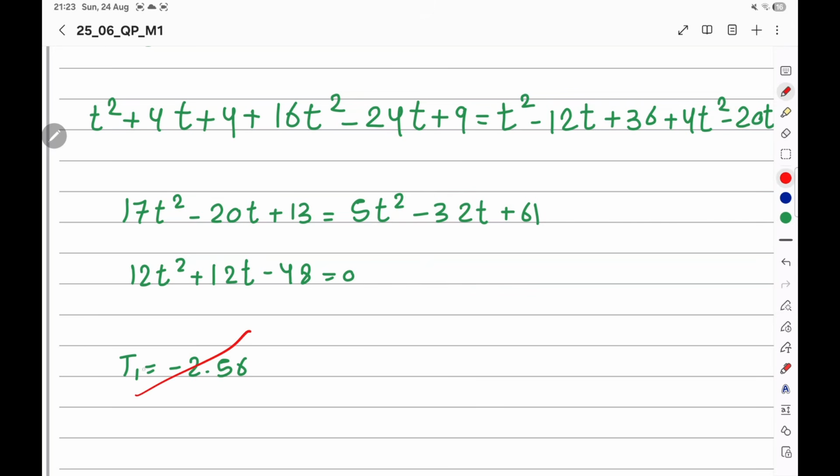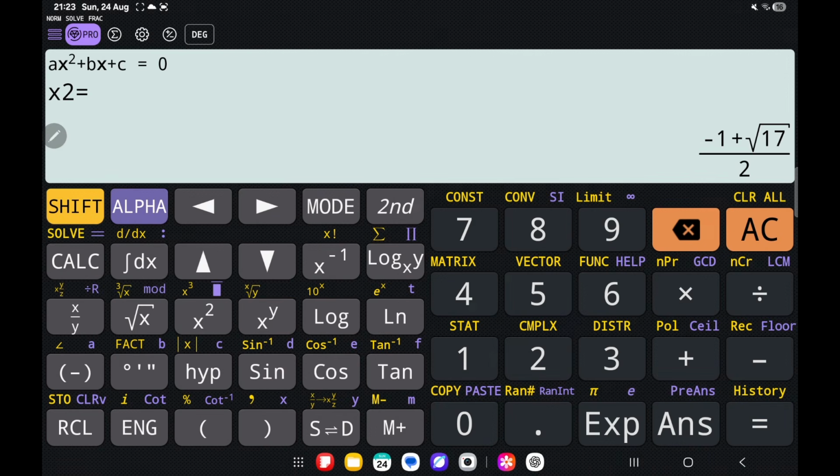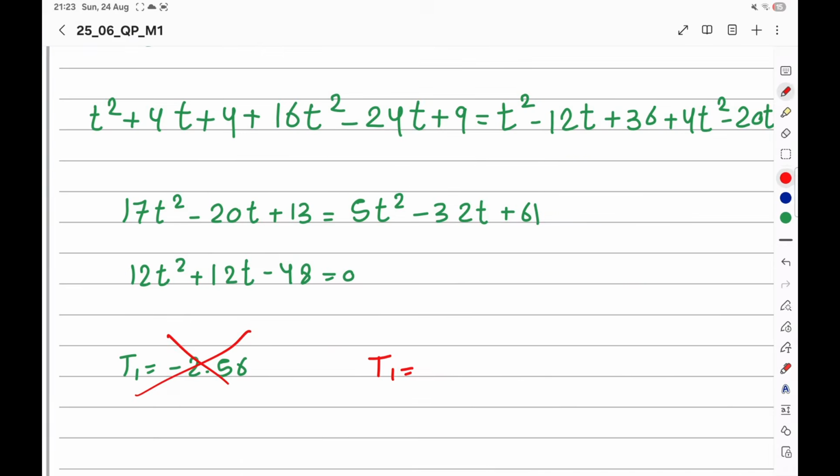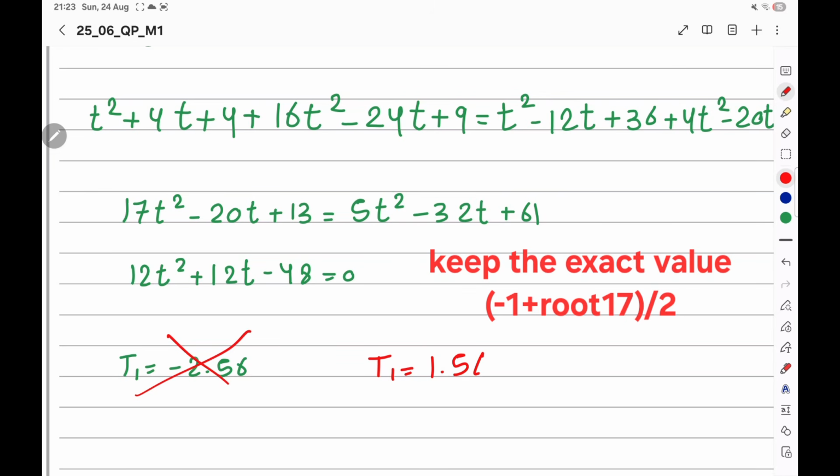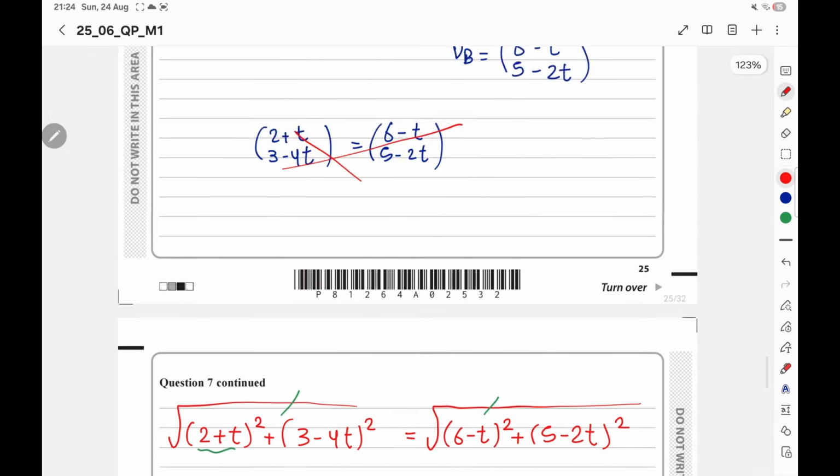Of course, this is rejected, and the other time is equal to 1.56. A lot of steps, I know.